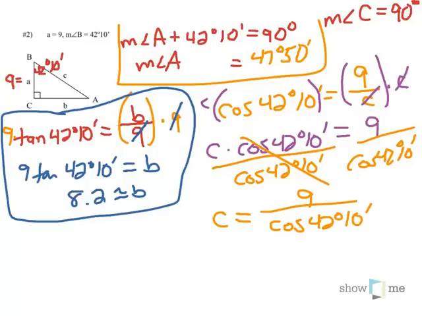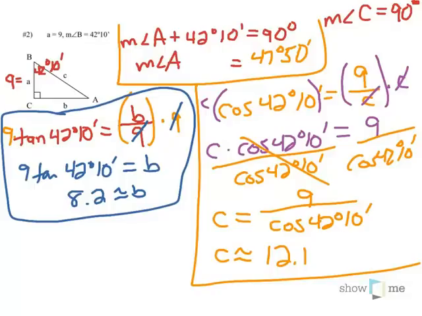Calculator gives me approximately 12.14 to the nearest tenth. That's 12.1. So we got 4 answers: angle A, side B, side C, angle C. So we've completed the problem.